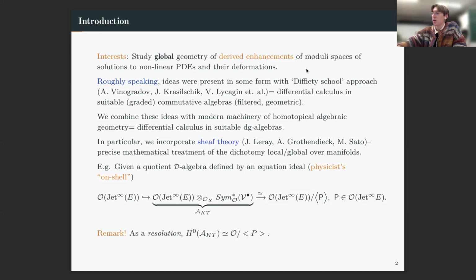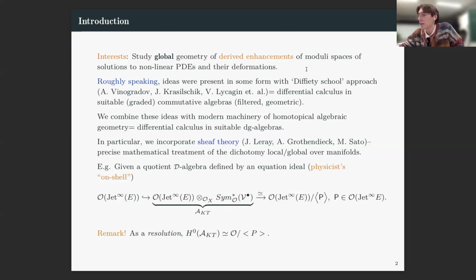So basically, when you have some generically irregular ideal in this setting, usual commutative algebra tells us to replace this, so make a Koszul-Tate resolution, or in a suitable setting, this can be a canonical operation, actually, in a suitable category of algebras, as we'll see. And the idea is then, of course, because it's a resolution, H0 of this just reproduces your original on-shell algebra of functions.